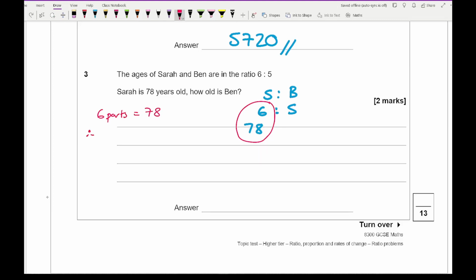So if I then work out what 1 part is by dividing by 6, I get an answer of 13. And so therefore 5 parts, which is Ben's age, is going to be 13 times 5, which equals 65. So Ben is going to be 65 years old.